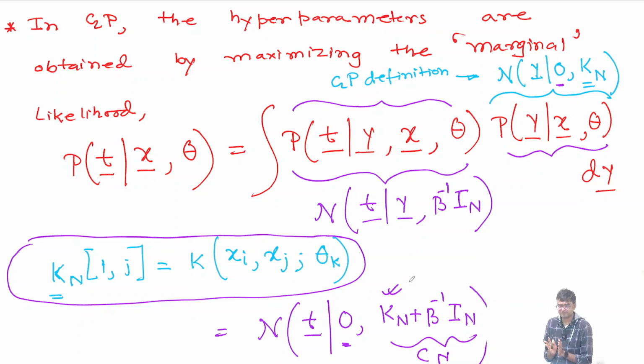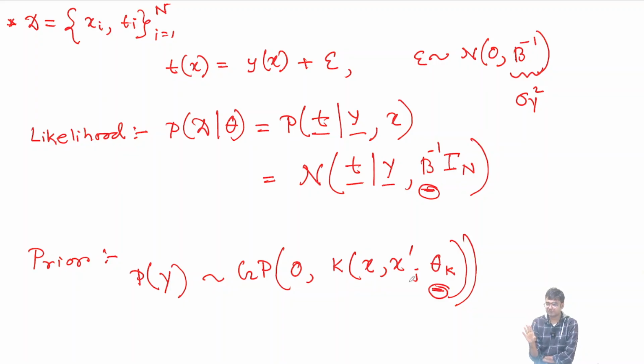I'll repeat. Okay. We started with T is equal to Y plus epsilon. And I have n data points based on which I want to train. So the likelihood probability of T given Y is a Gaussian with mean Y vector and covariance sigma square I or beta inverse I, right?